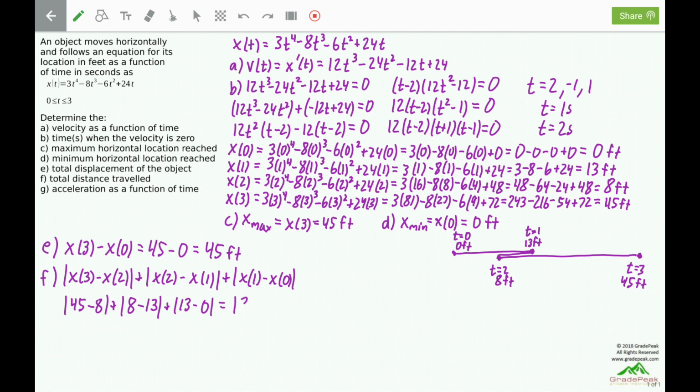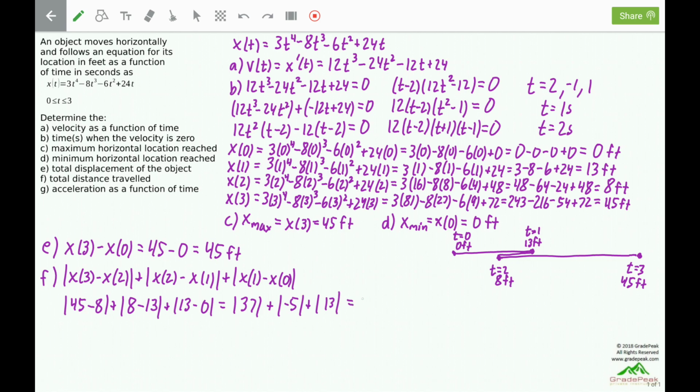So 45 minus 8 is 37. 8 minus 13 is negative 5. There's the negative expected while it was moving to the left. And then plus 13 minus 0, which is 13.